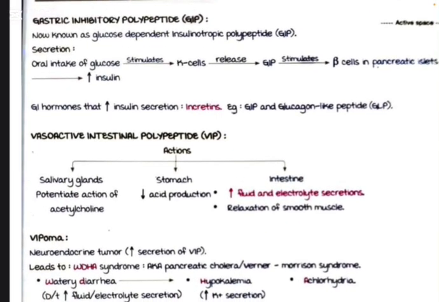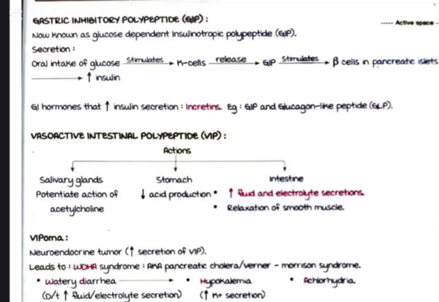Gastric inhibitory polypeptide, that is GIP, now known as glucose-dependent insulinotropic polypeptide.